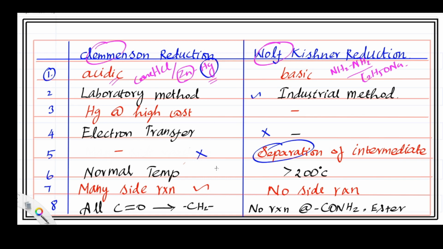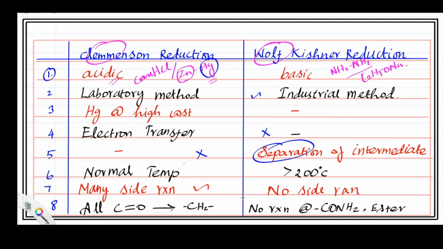Clemmensen reduction is carried out at normal temperature, but Wolff-Kishner requires greater than 200 degrees Celsius. Many side reactions are possible in Clemmensen reduction, but in Wolff-Kishner, we separate the intermediate, that is hydrazone, and further it goes to hydrolysis, we get Wolff-Kishner product, that is alkane. Hydrazones are converted into alkanes.